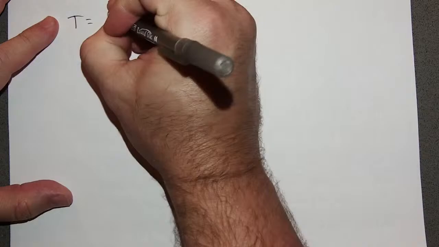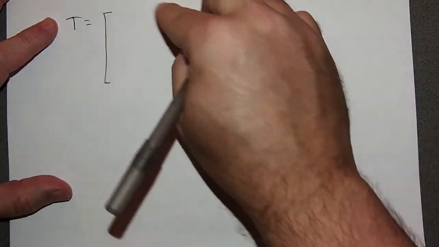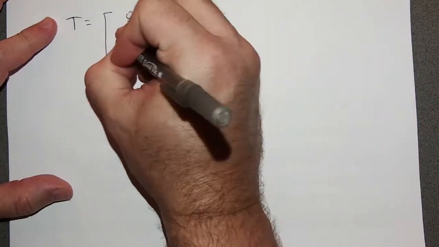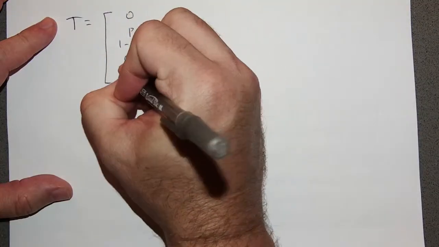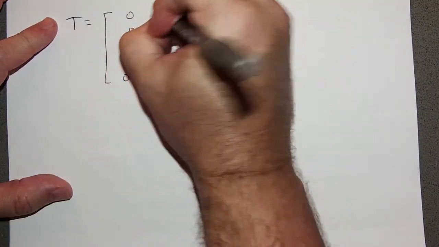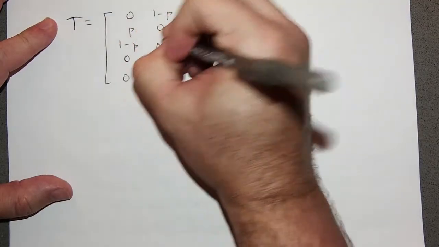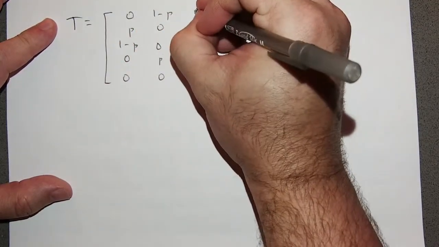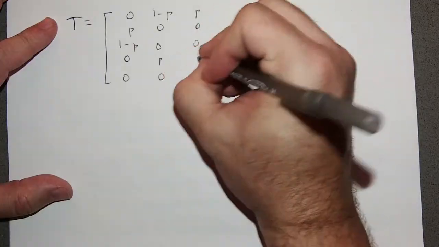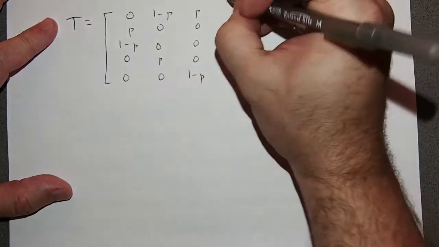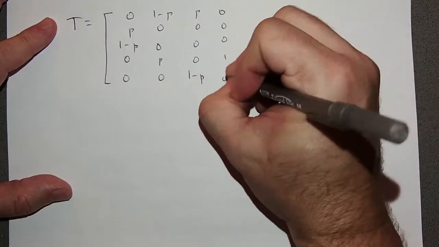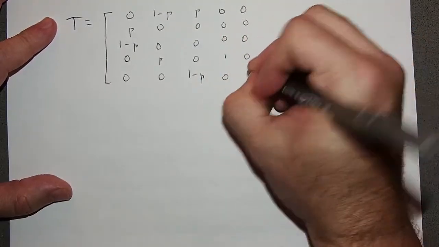So for our original example, let me rewrite this. We had our transition matrix T, which, reading column-wise, is 0, p, 1 minus p, 0, 0, 1 minus p, 0, 0, p, 0, p, 0, 0, 0, 1 minus p, 0, 0, 0, 1, 0, and 0, 0, 0, 0, 1.